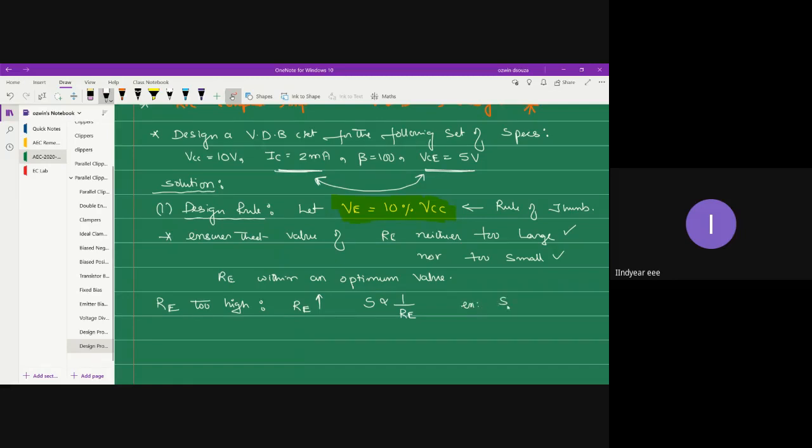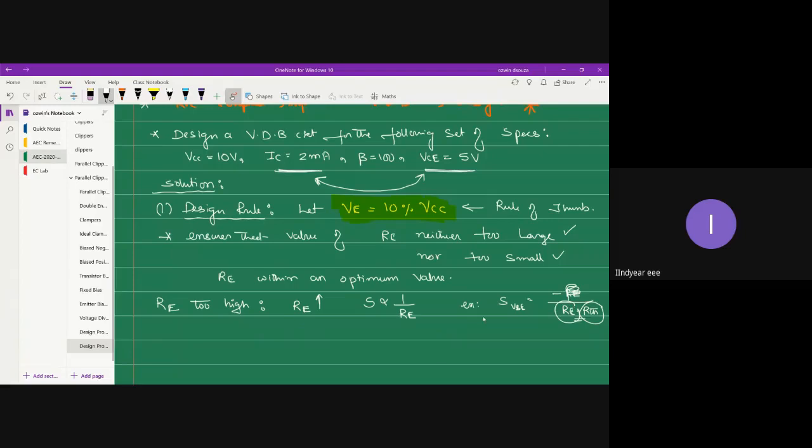Example, in voltage divider bias, your S beta was found to be, sorry, not S beta, it's a bigger relation. S VB, for example, it was minus beta divided by RE plus RTH, something of this kind. So some RE was present in the denominator.